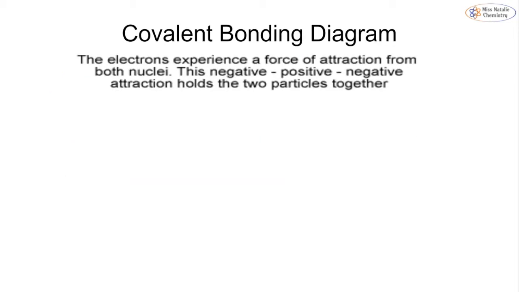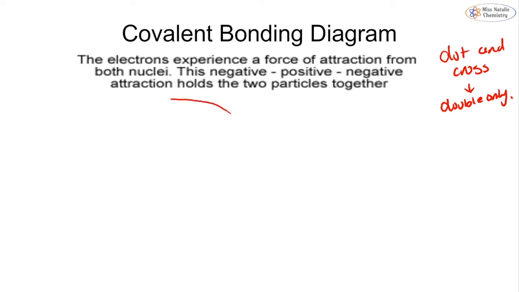Now, how does this sharing actually happen? Well, what we get is an overlap of our electron shells. Now, at single science, you are not required to do dot and cross diagrams. They are double only. But it is important for you to see how this actually happens.